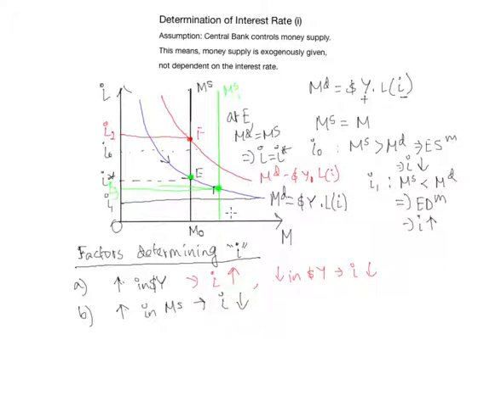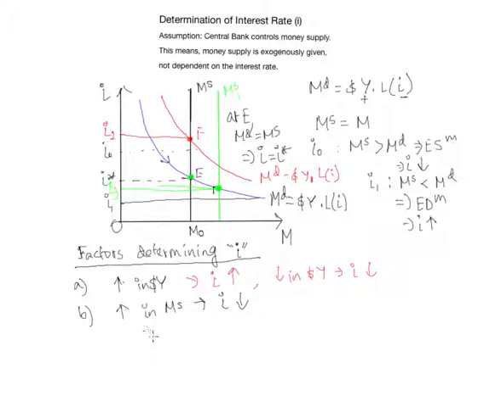Because at the initial interest rate I star, with this new money supply, we again have excess supply of money, and we know that if excess supply of money happens, then interest rate falls. So the interest rate drops to I3. These are the factors that determine I.